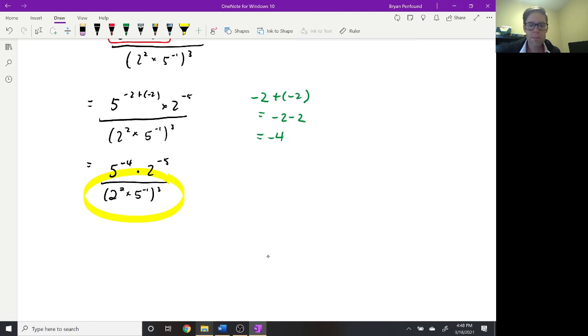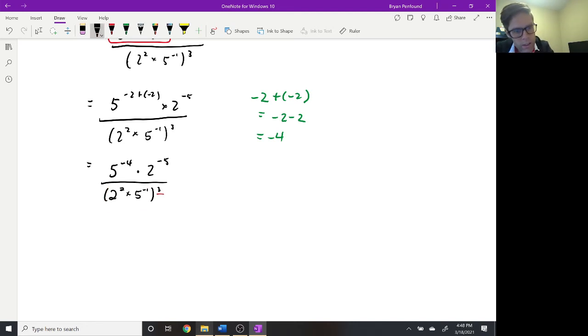So in the denominator, I don't have bases that I can multiply, but maybe you notice that we have a base that's raised to a power. So I'm just going to circle that base. We have a base that's raised to the power of 3. So what I want to do is distribute the power through the multiplication.